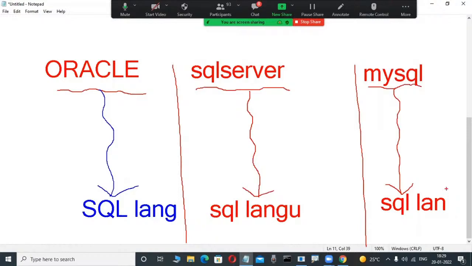Whether you work in Oracle, your friend in SQL Server, or another friend in MySQL, you all use SQL. But are these SQL languages the same or different? Only one answer is correct. Very good.